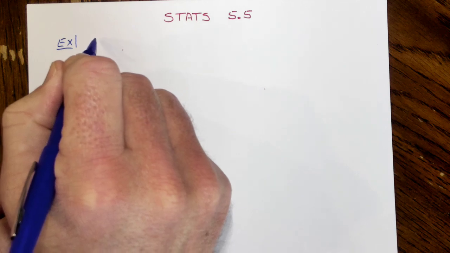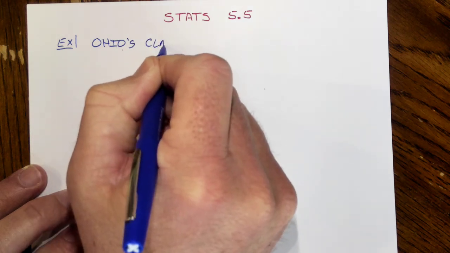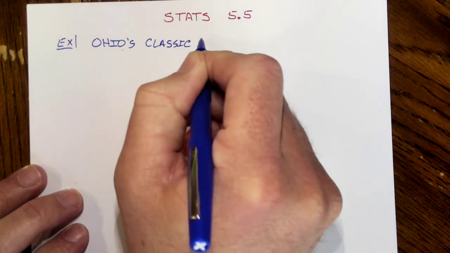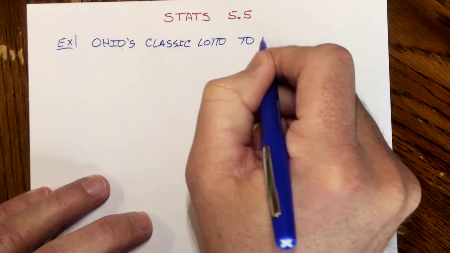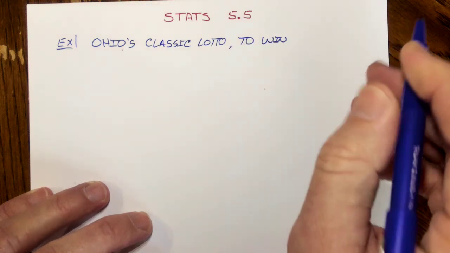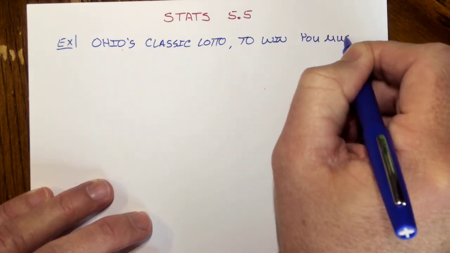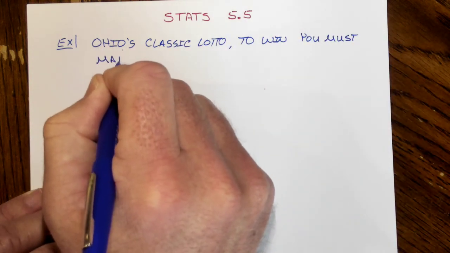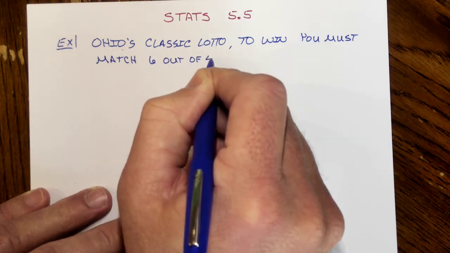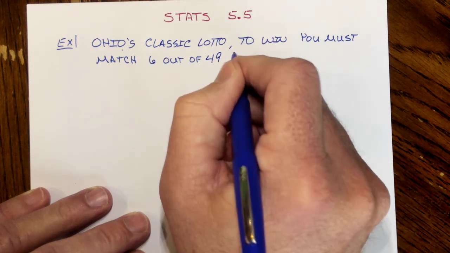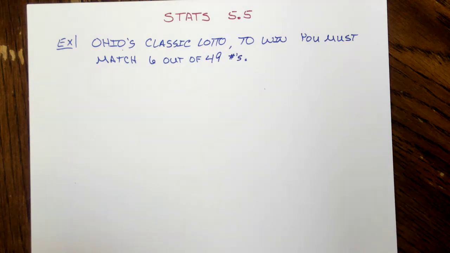Example. There's all sorts of lottery games out there. In Ohio's Classic Lotto, in order to win, you've got to match 6 out of 49 numbers. They've got the ping pong balls, and they put them in the tumbler, and they have them shoot up there.